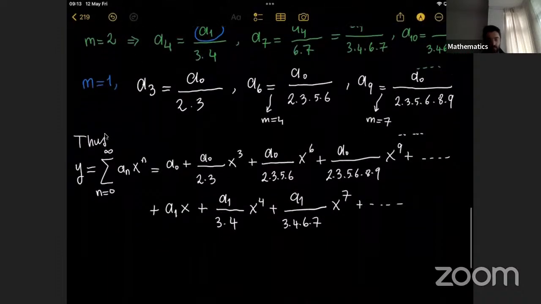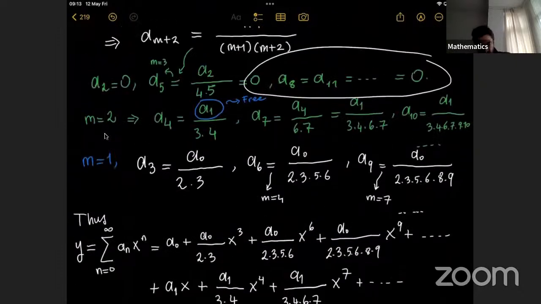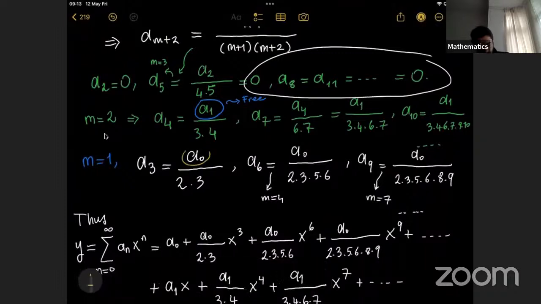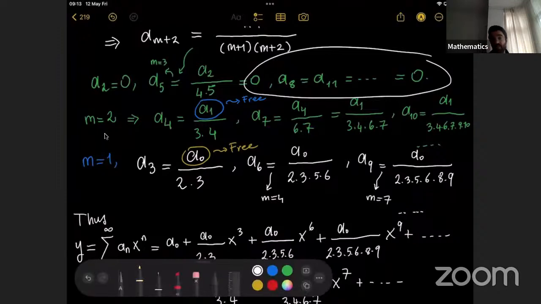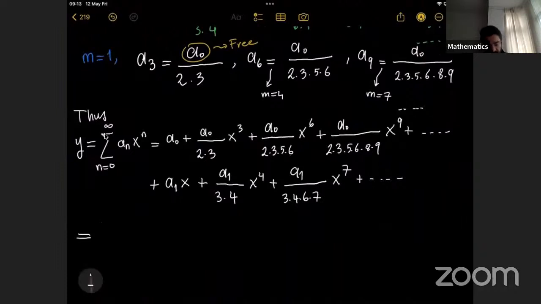Okay. And that's it. If you want to write this in a better form, maybe let's do it. a0 is, remember, an arbitrary number here. We don't have any condition on a0 and a1. Here, a0 is also free, and a1 is also free because we don't have any condition. If the initial conditions are given, you can find a0 and a1, but here there is no initial condition.